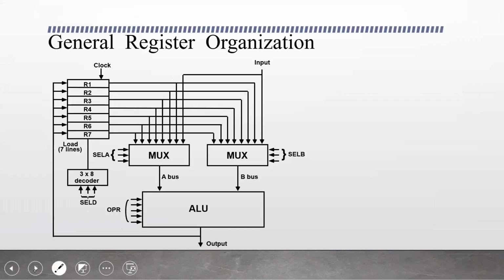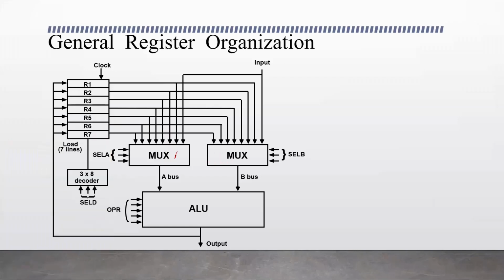So here we see the general register organization. We have the registers from R1 to R7. We have 7 registers here. And the outputs of these registers are connected to the multiplexers. Here we have 2 multiplexers.